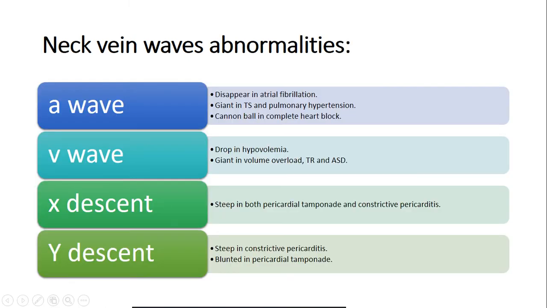The A wave will disappear when? In a patient with atrial fibrillation, because during atrial fibrillation or flutter, the atrial contraction is very thready, very weak, and cannot make an A wave.